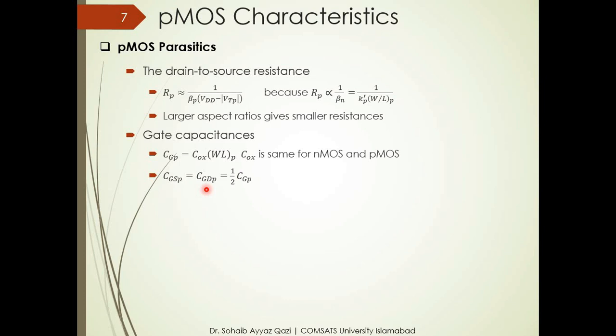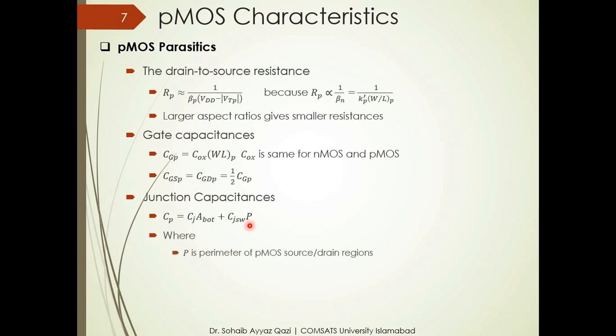Here we have used the same observation as when we said that the gate capacitance is divided in half: one half is for the source and one half is for the drain. And similarly, the junction capacitances can be found from the same formula which we derived for our NMOS: Cj times A bottom plus Cj SW times P. If we observe these quantities, the parameter W plus X, where W is the width of our channel and X is the width of our P plus region.